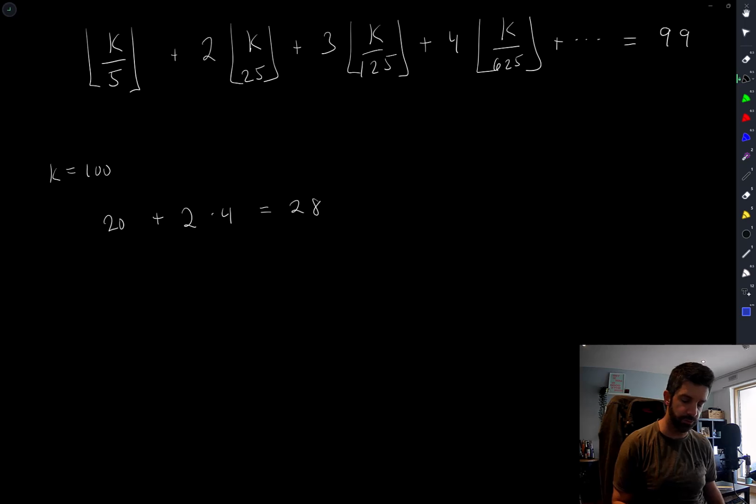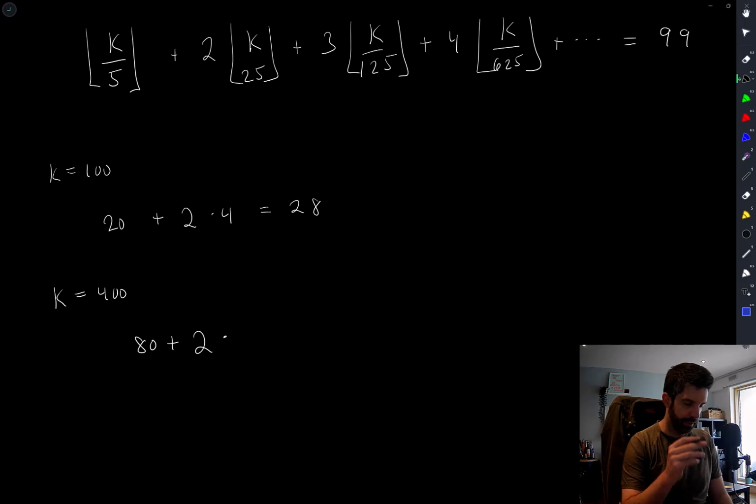What about k equals 400? k over 5 is 80. k over 25 is 16. k over 125: 125 times 3 is 375, so the floor of 400 over 125 is 3.